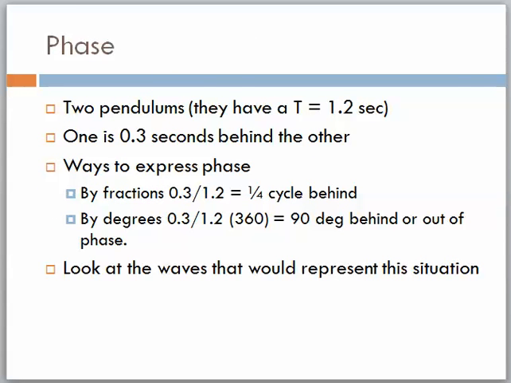Phase. An example of phase is that two waves can be in phase or they can be out of phase by a certain extent. The two waves that I'm drawing right here would be considered to be in phase.